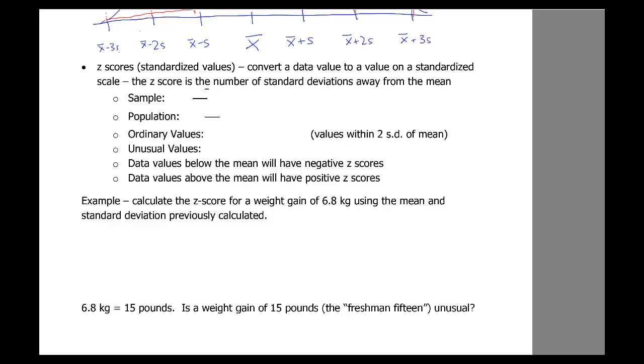So let me just draw a quick new picture. So instead of a distribution with the mean in the middle and going up 1 standard deviation at a time, both directions.